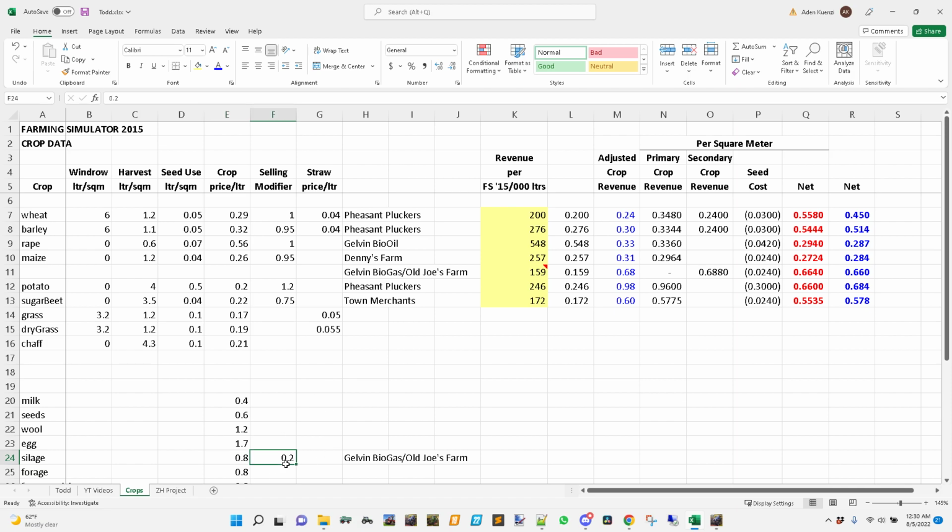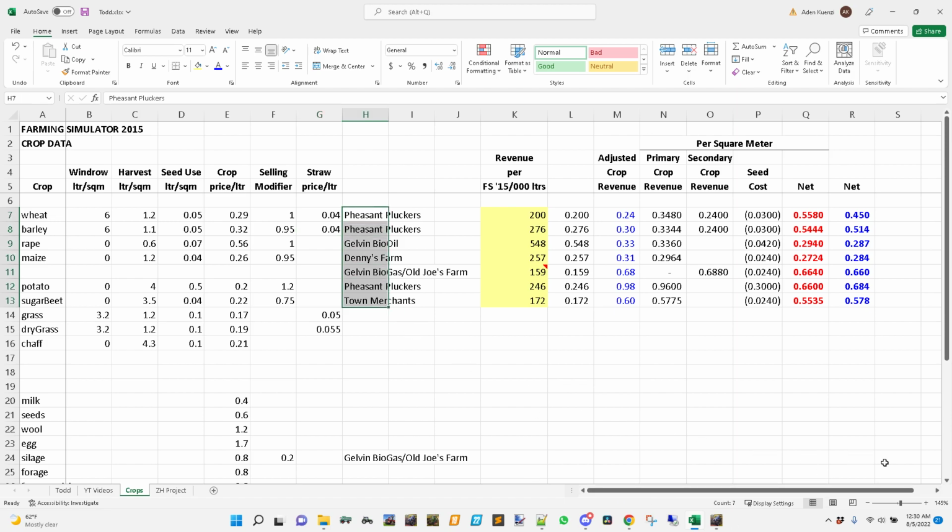But he had significantly whacked it here. Old Joe's farm, I think, added a 35%, but they only take a teeny tiny bit, and then I think the selling station closes. So I ran the math. Oh yeah, and this is the price for the straw when you would sell it. I assume it also fluctuates.